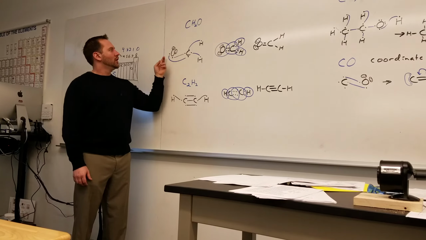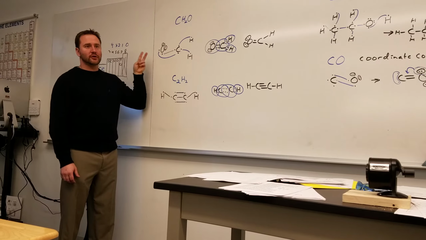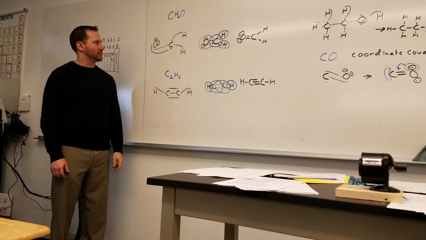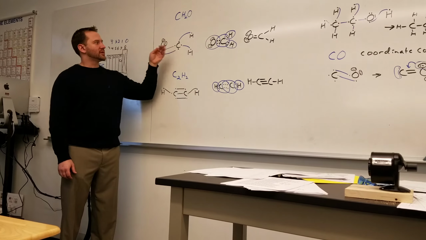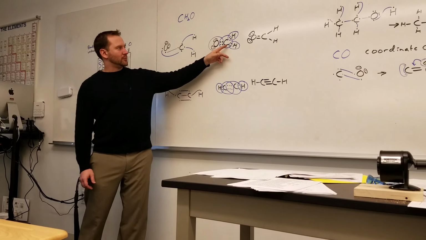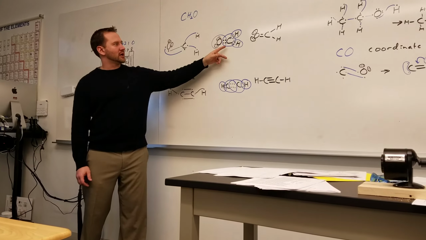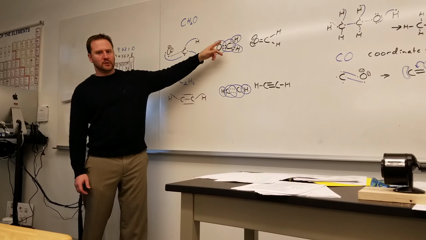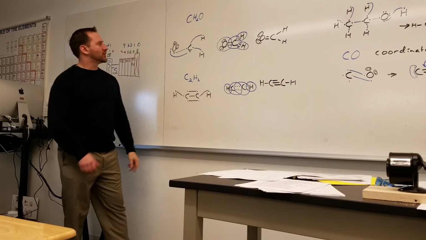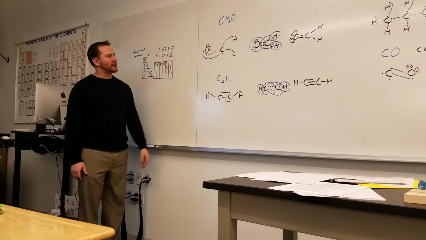Carbon having 4, oxygen having a total of 6 electrons with 2 available to bond, and each hydrogen having 1 electron available to bond. You can see that putting them together in this fashion results in carbon having a complete 8 electrons in its outer shell, hydrogen each having 2, and then the oxygen having 8.